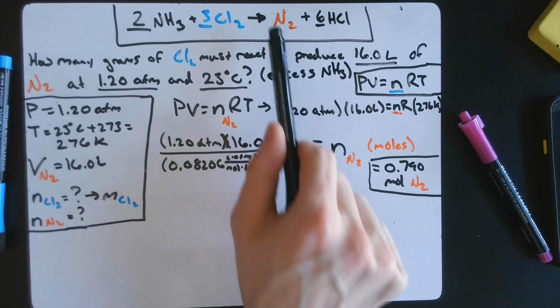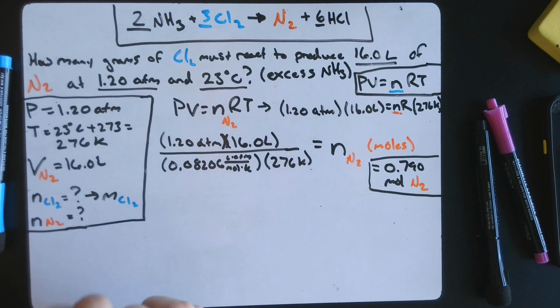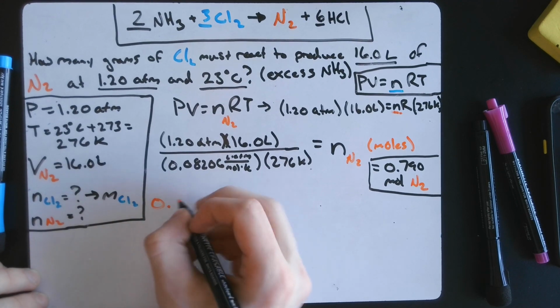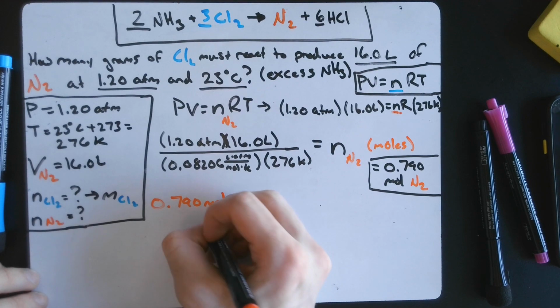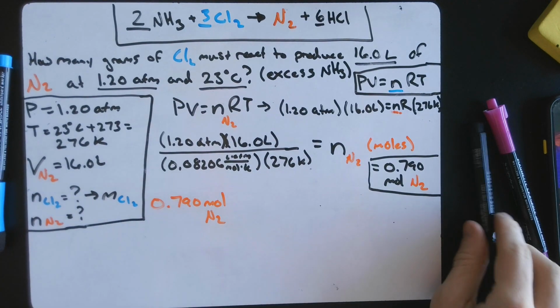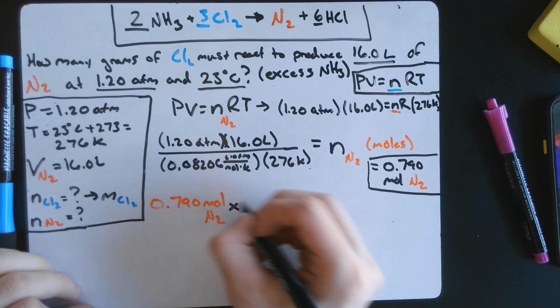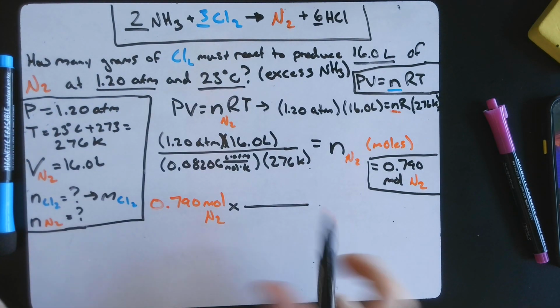Let's just deal with getting from this side over to the left side, right? I'm going to switch over to orange here. And really now we're just doing what you should know by now, which is good old-fashioned stoichiometry, the mole-to-mole ratio. And I want to get into moles of chlorine.